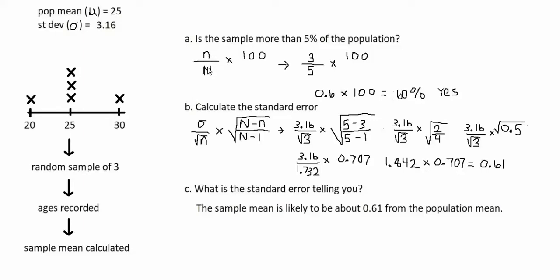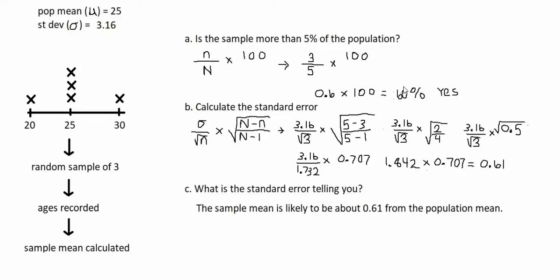So it's going to be 3 divided by 5 times 100. 3 divided by 5 is 0.6, and 0.6 times 100 is 60%. So what this is telling us is that this sample of 3 people actually takes up 60% of the population. It's a pretty big piece of the population, and 60% is definitely more than 5. So the answer is yes, the sample will be more than 5% of the population.